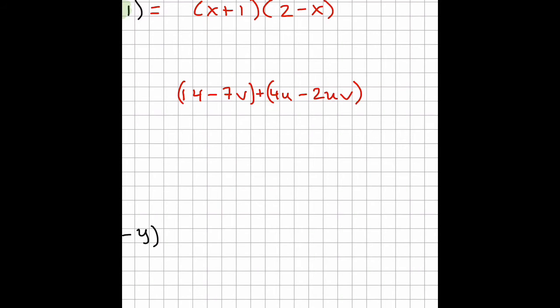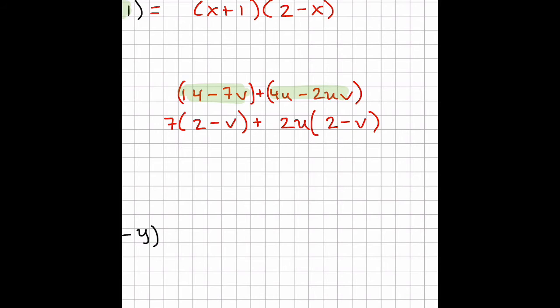Within the 14 minus 7v, I can divide both of those by 7. When I do that, I would be left with 2 minus v inside. In the other expression, I can divide by 2u, and when I do that, I would end up with 2 minus v inside.